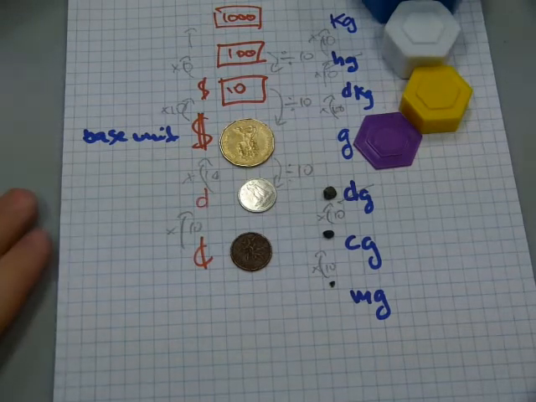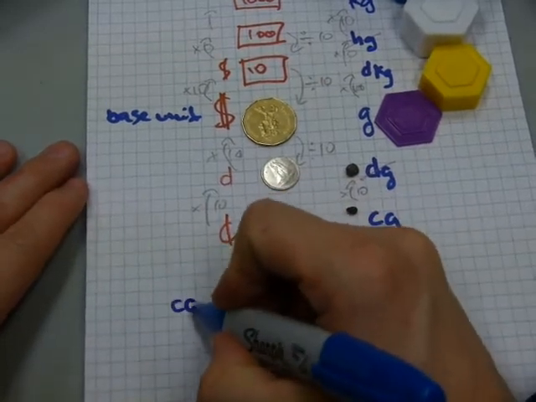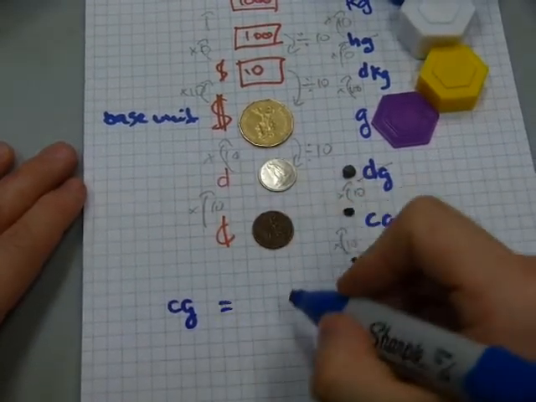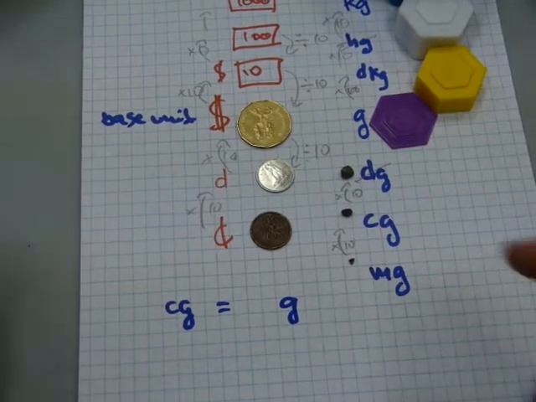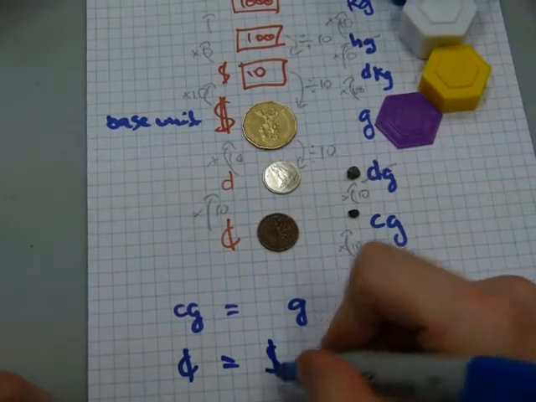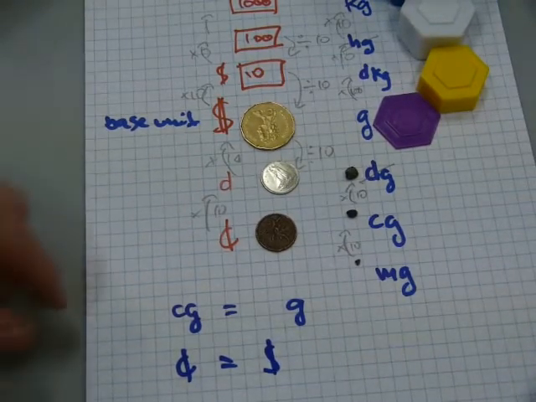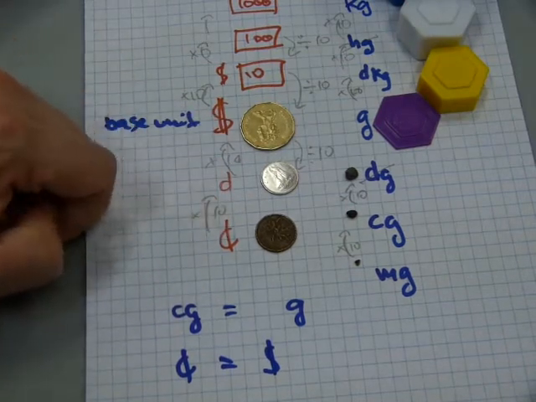So let's do some exchanges. For example, how many centigrams make 1 gram? It's the same thing as asking how many cents make $1. You have to see how many levels it is away.